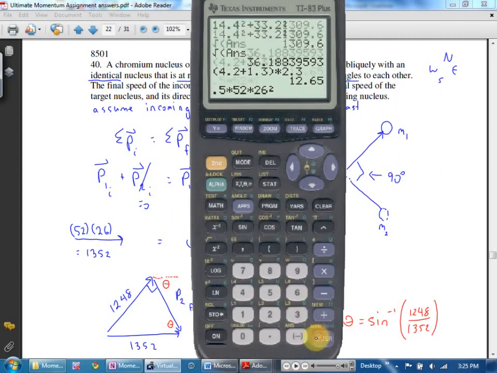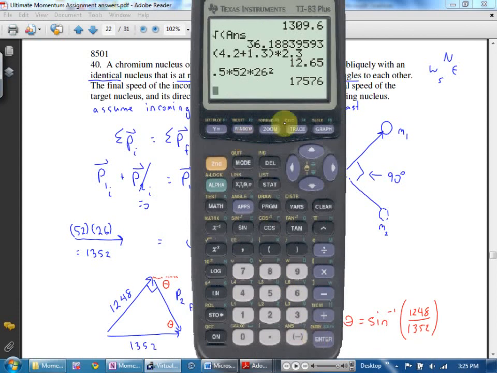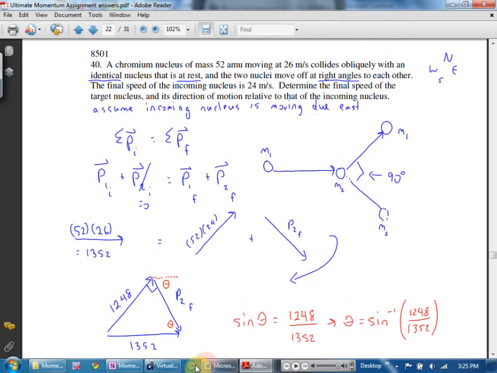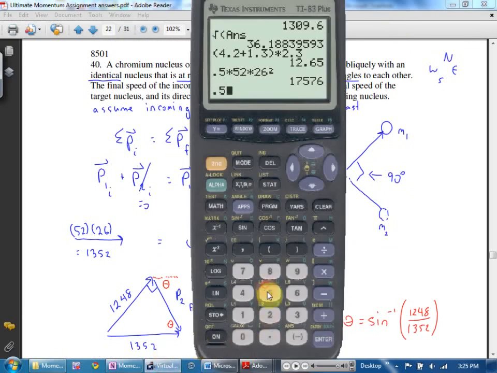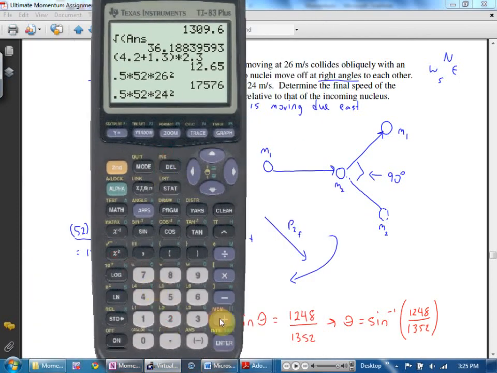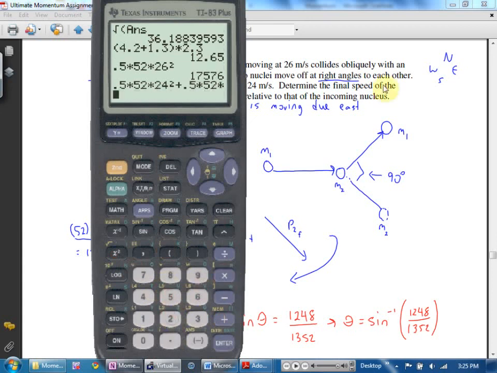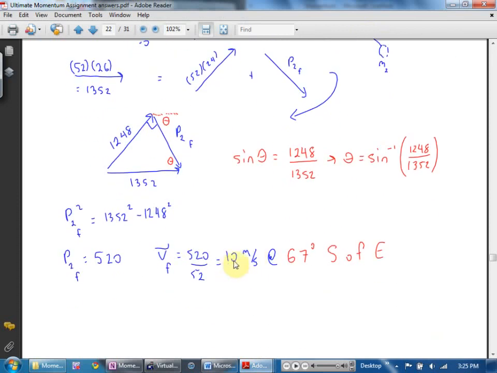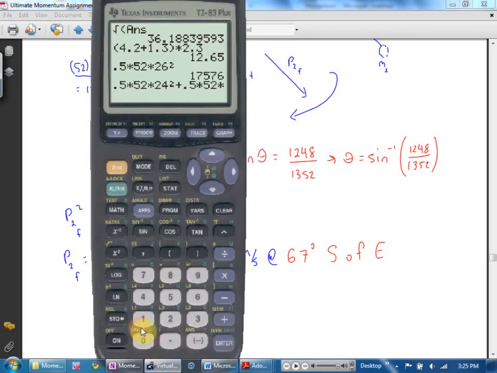After the collision, I have a half times m times 24 squared plus a half times m times 10 squared. Yep. Okay.